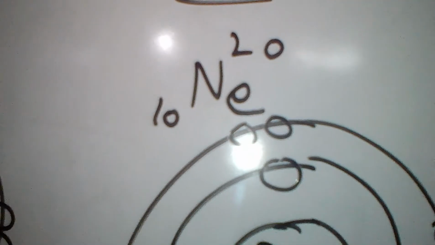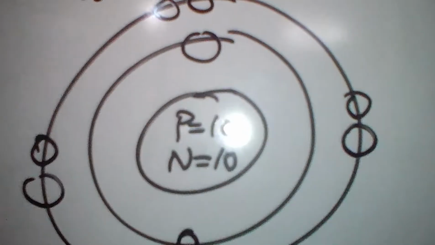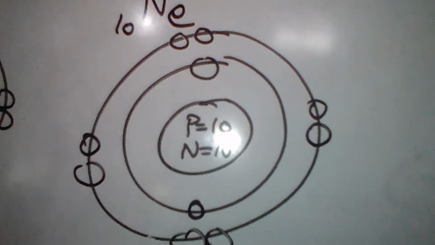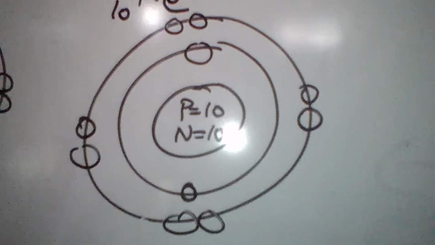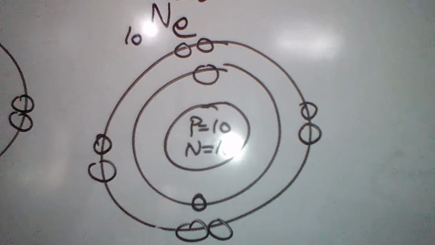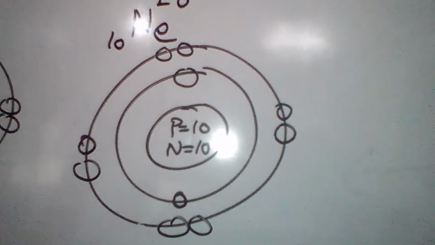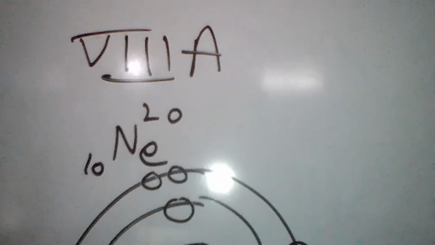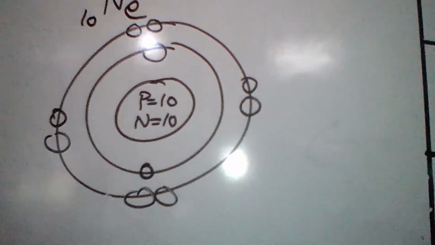The atomic number is 10, the mass number is 20, the nucleus contains 10 protons and 10 neutrons, 2 electrons are present in the first shell and 8 electrons are present in the second shell, which is also the valence shell. So, neon belongs to the 8th A group and has 8 valence electrons.